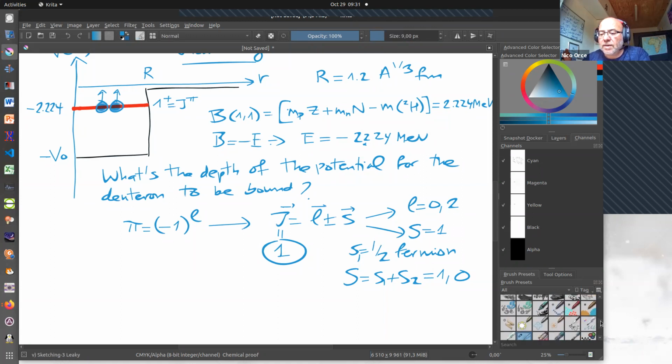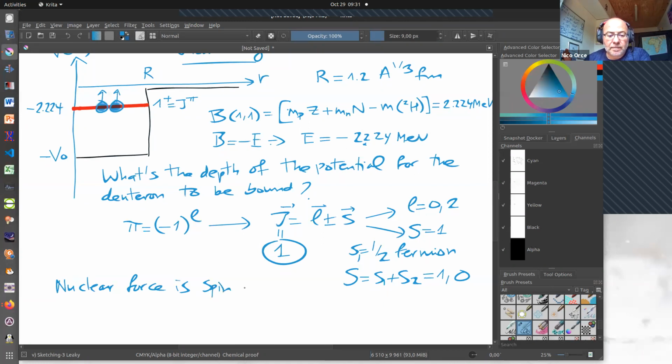So this we learned so far, and we learned 2 very important concepts about the nuclear force: that the nuclear force is spin dependent. Remember that the possibility of L equal to 1 was not possible, because L equal to 1 would give us a negative parity.